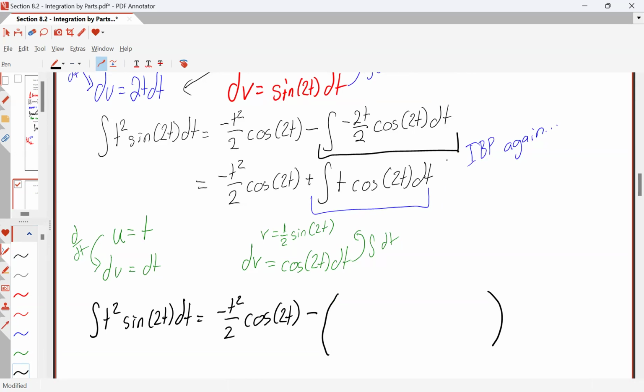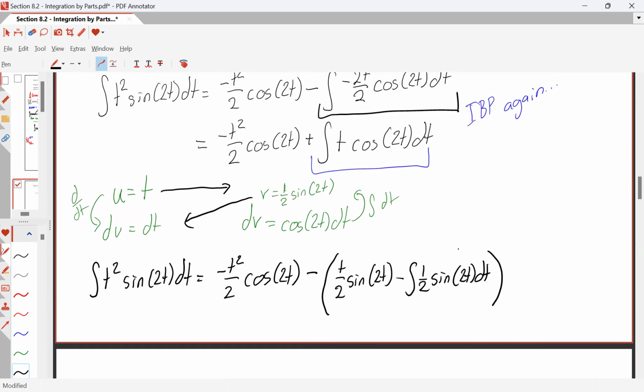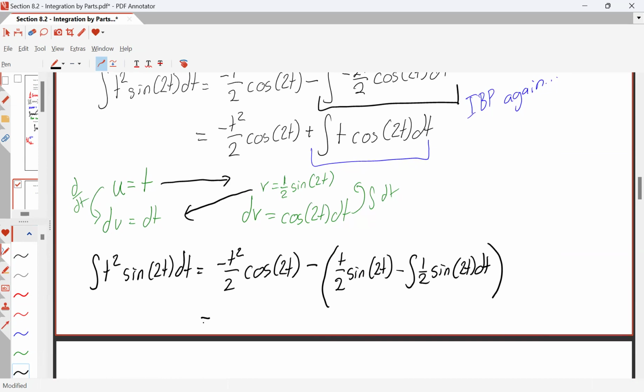So filling in the integration by parts again for that blocked off piece, we'll have u times v, which is t over 2 sine 2t minus the integral of 1/2 sine 2t dt. We can integrate 1/2 sine 2t dt.